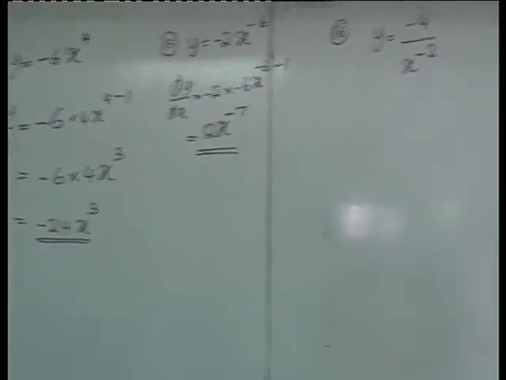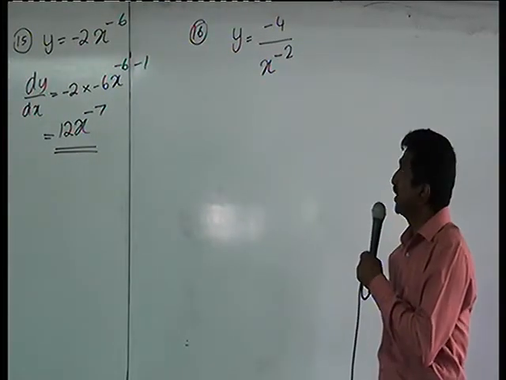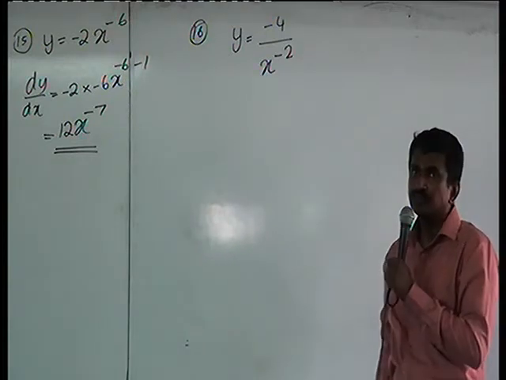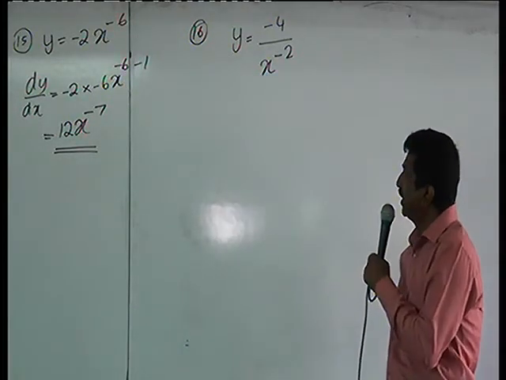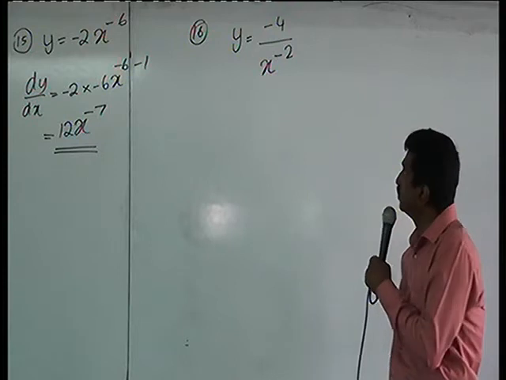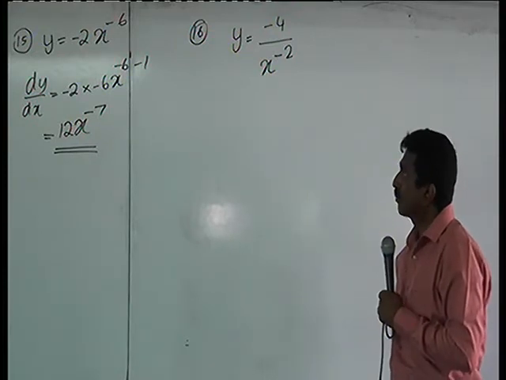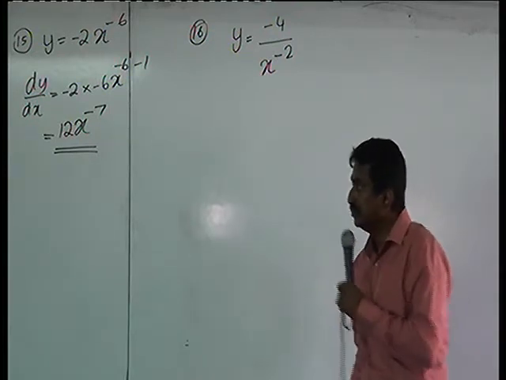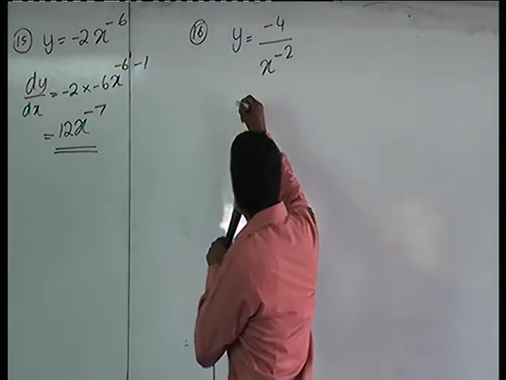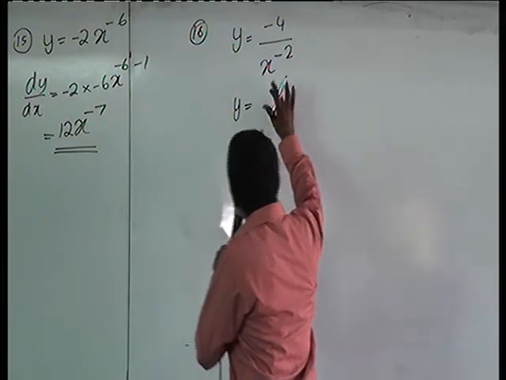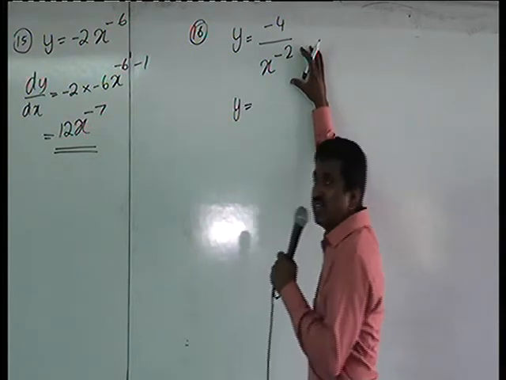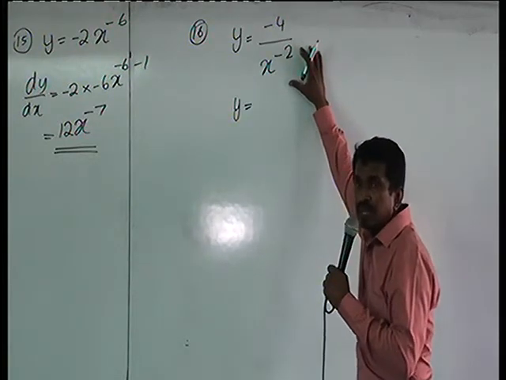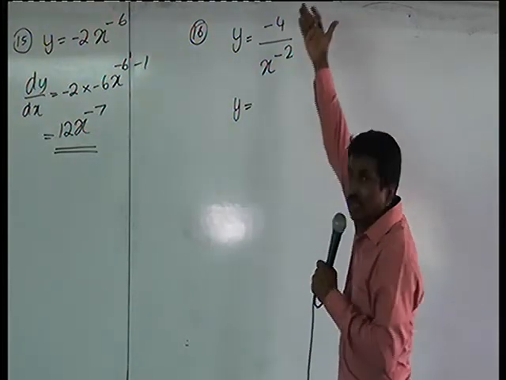y is equal to minus 4 divided by x to the power minus 2. So this becomes y is equal, I will take this denominator. I can't differentiate things with a denominator, therefore always you take it to the numerator.